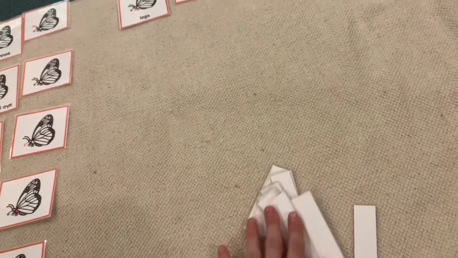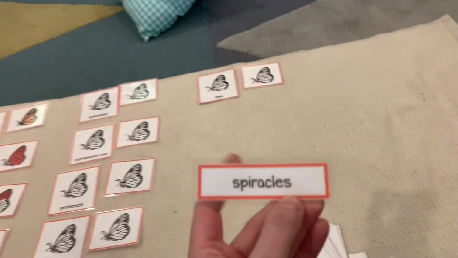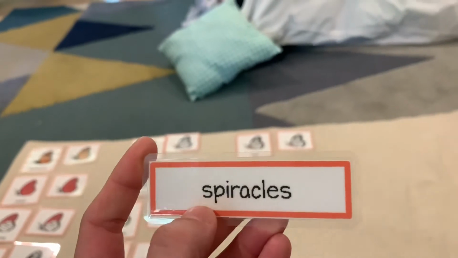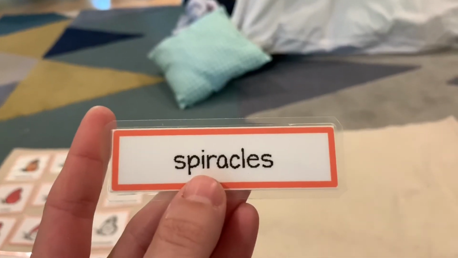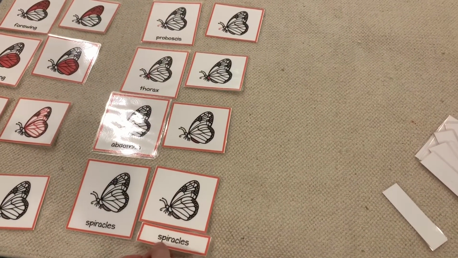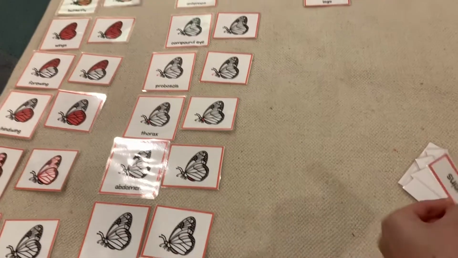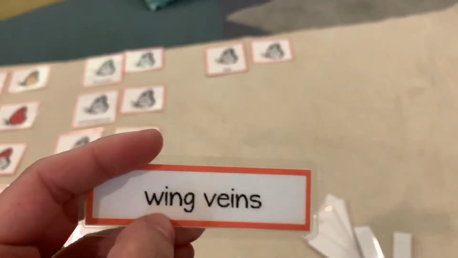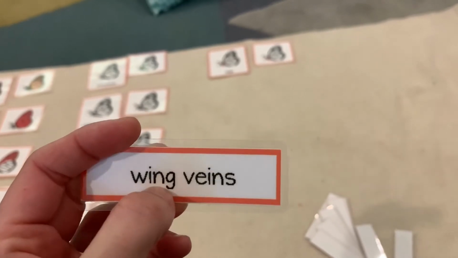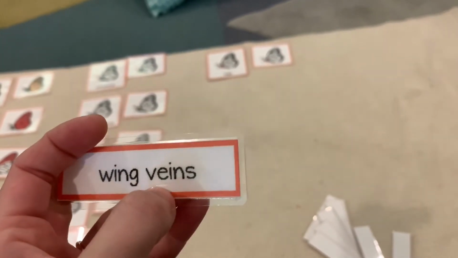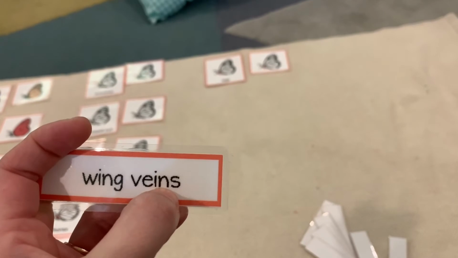Now we'll do the labels. We'll sound them out together. Here's a blend. Spiracles. That's a tricky one. Wing veins.